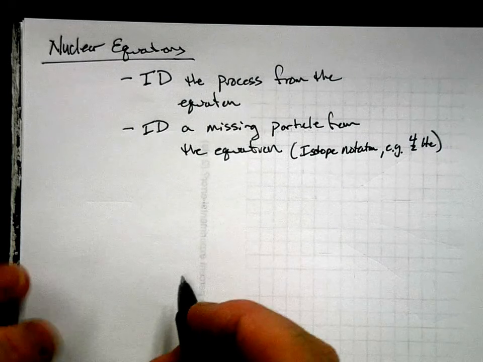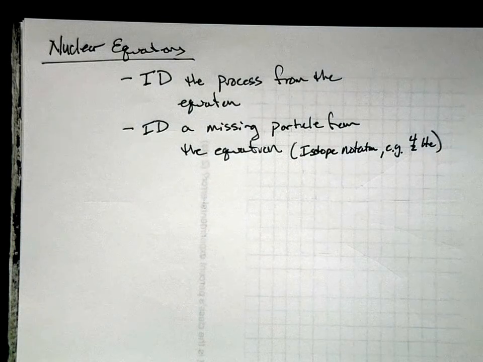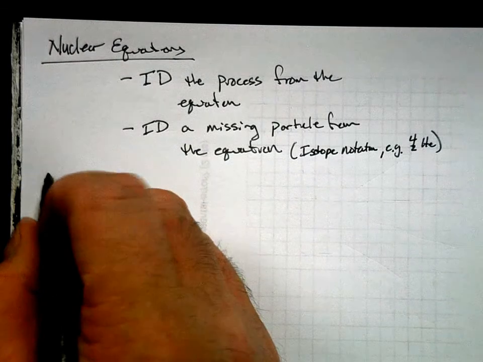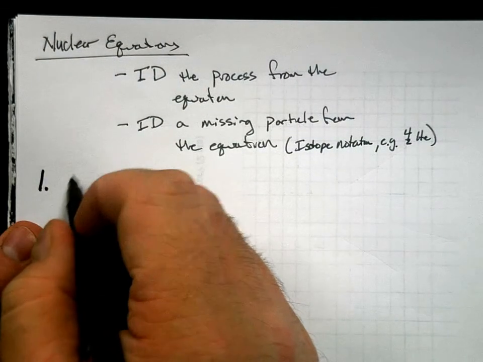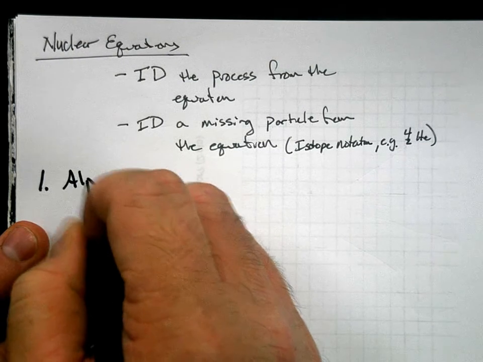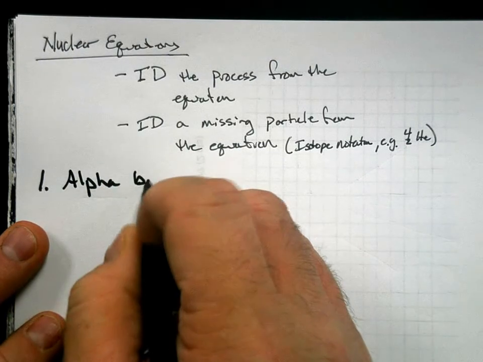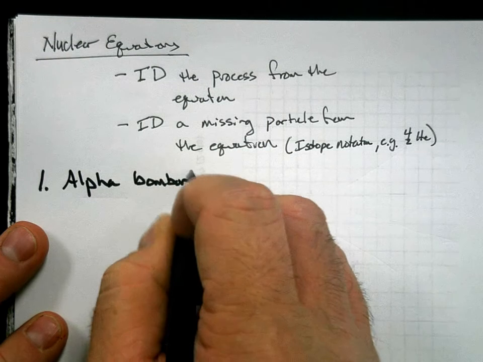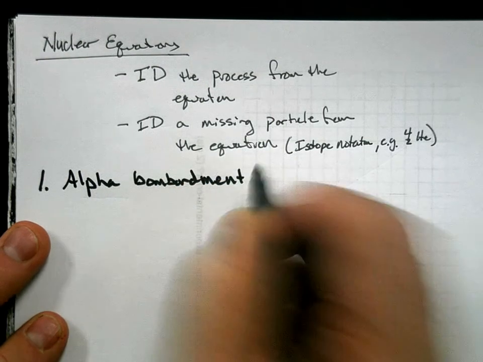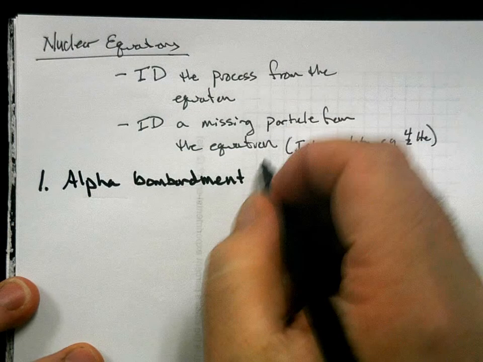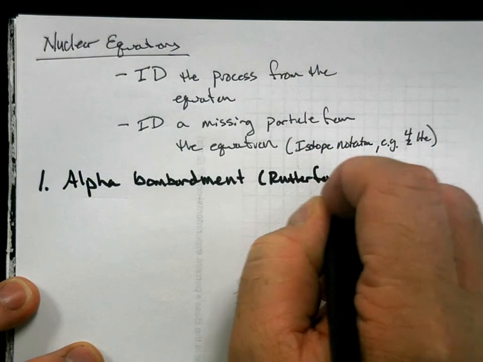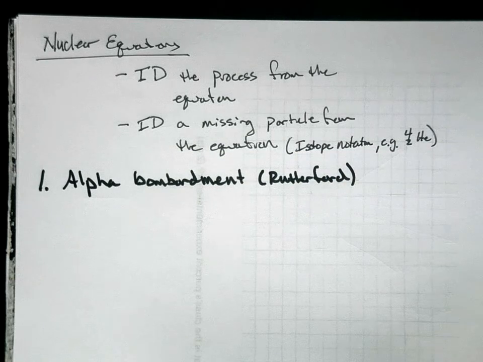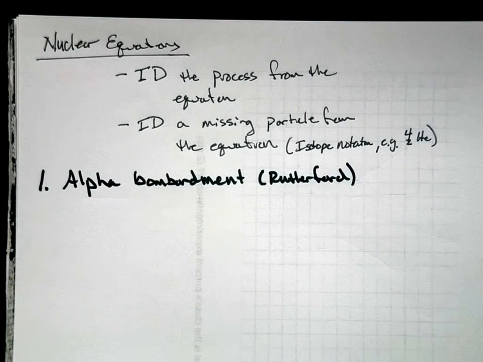Equation 1 is called alpha bombardment. This is what Rutherford did. Rutherford didn't know this because he didn't have the means to detect it at the time.